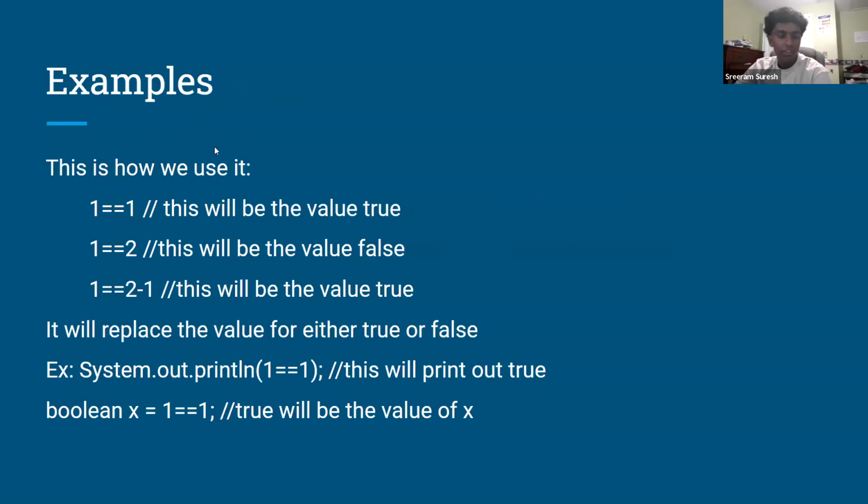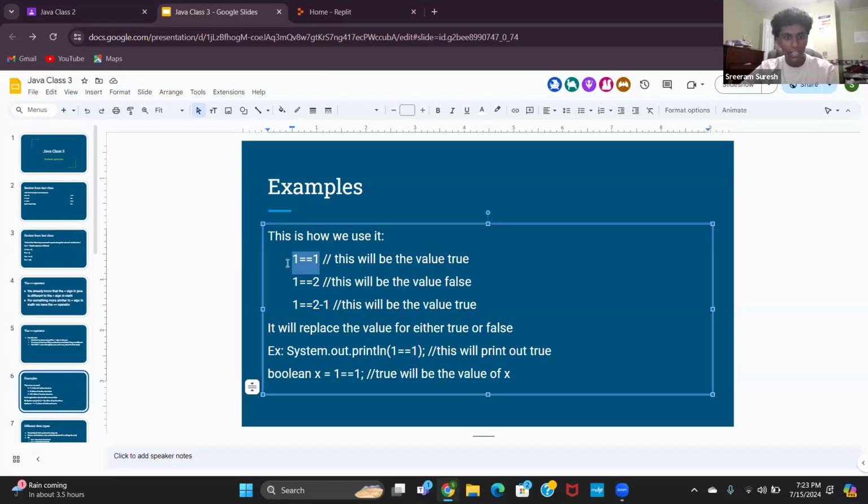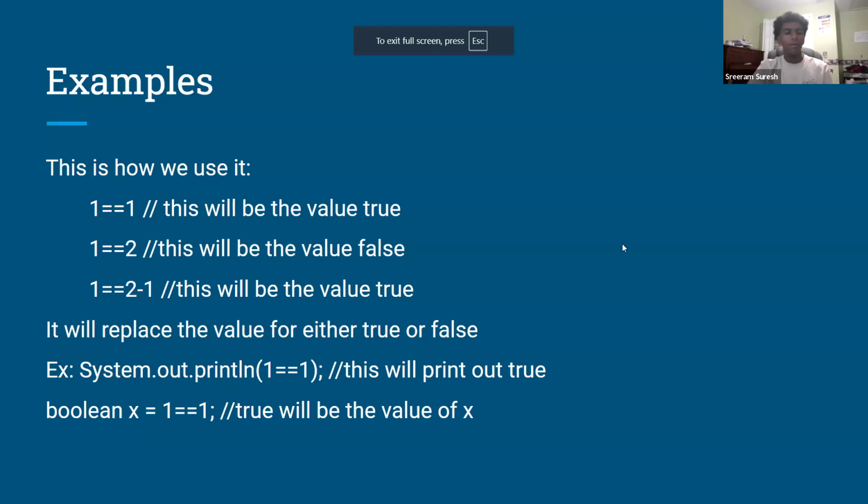So let's see an example of how this works. In this first line of code, we see 1 equals 1. We're saying 1 equals 1, and the value of this is true. How I like to imagine it is that we can literally delete this line of code and put true, and it would be the same thing. That's how I like to think about it when I say it returns true.